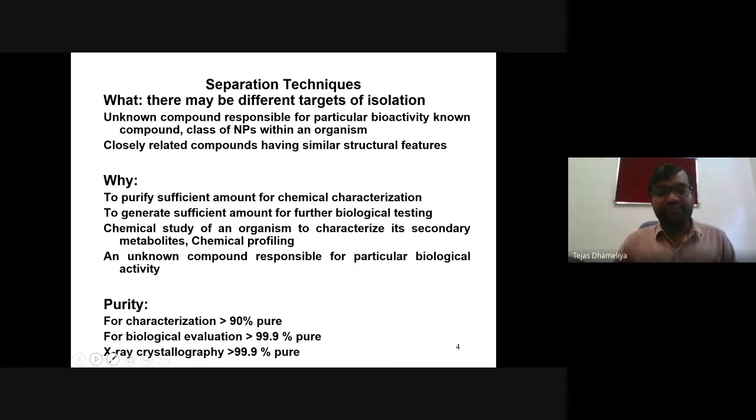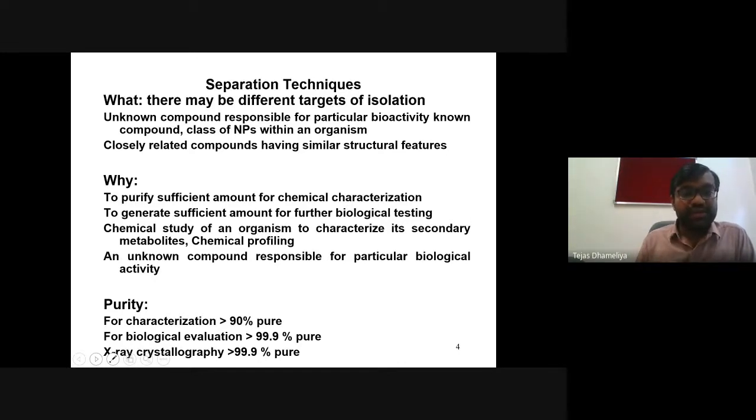X-ray crystallography. As you know, you have learned Bragg's law and Snell's law principle, right? So you know all these things regarding XRD, X-ray diffraction.